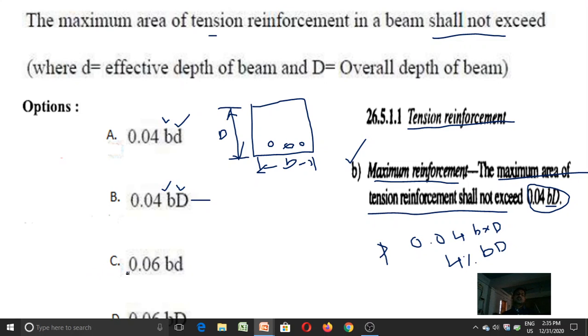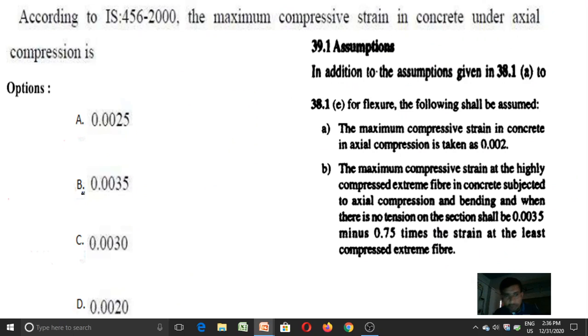Option C is 0.06 times small b and small d, and option D is 0.06 times small b and capital D. So according to this clause, the maximum area of tension reinforcement provided in a beam should not exceed 0.04 times the gross cross sectional area, that is capital D into B. So option B is correct for this question.